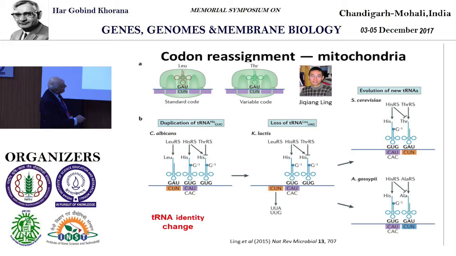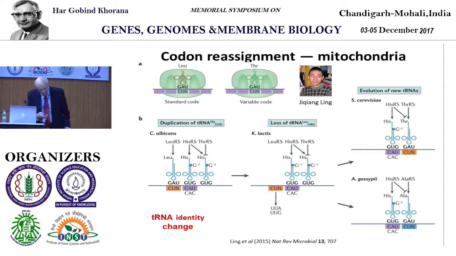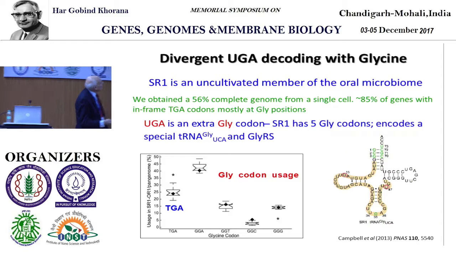So this histidine-derived threonine tRNA now uses the codon CUN that you also see we're missing there. And should you want to go to Ashbya gossypii, then you have alanine instead of this. So it is very easy, by just a simple base change or base changes in transfer RNAs, to change the code.